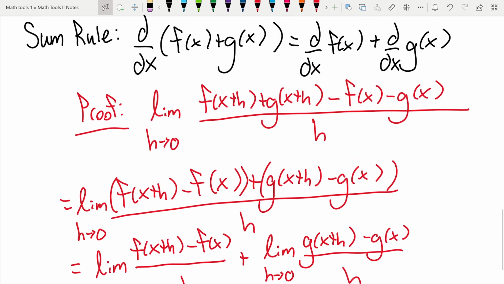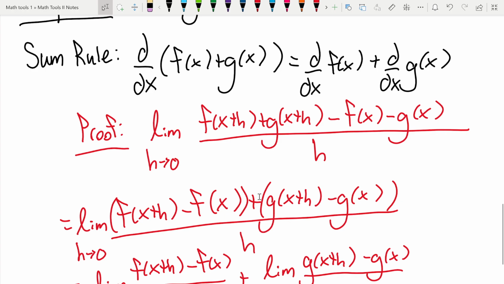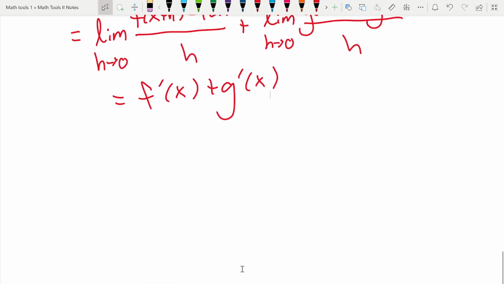So perhaps unsurprisingly, you could just go ahead through this proof, change some of the pluses to minuses, and then not much is going to change here.